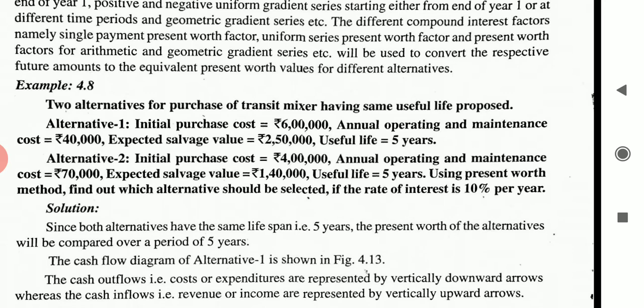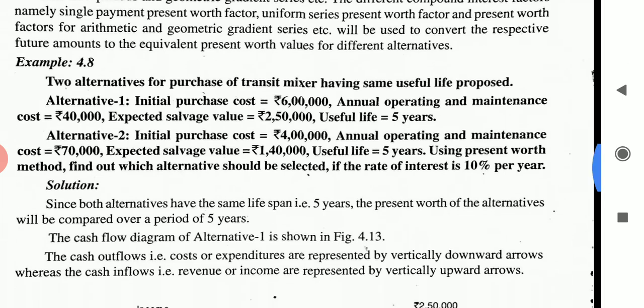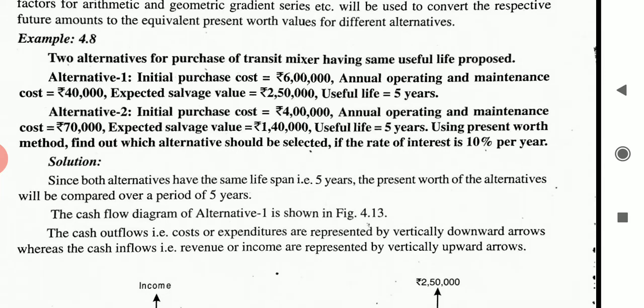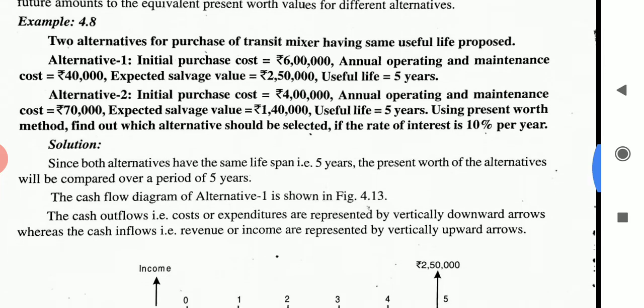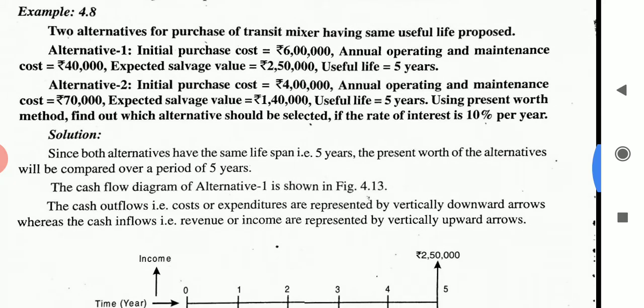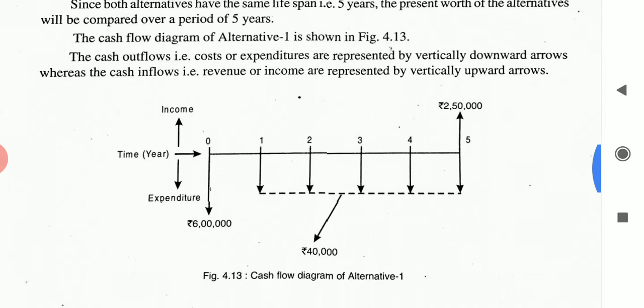Expected salvage value is 2,50,000 and useful life is 5 years. The next alternative has its own initial cost, annual operating cost, expected salvage and useful years. Using the present worth method, find out which alternative should be selected if the rate of interest is 10% per year.